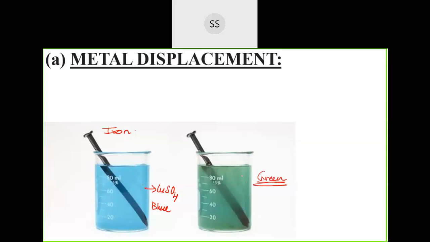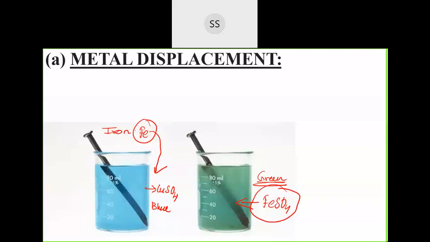Why is that green color solution formed? Because Fe, when it displaces and combines with sulfate, forms FeSO4. Ferrous sulfate is green in color, while copper sulfate is blue in color. So the color change happens because of the displacement reaction.